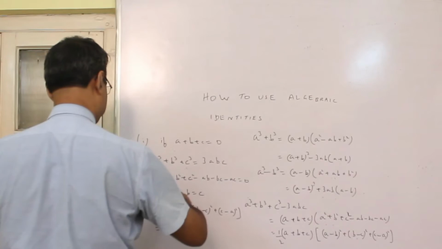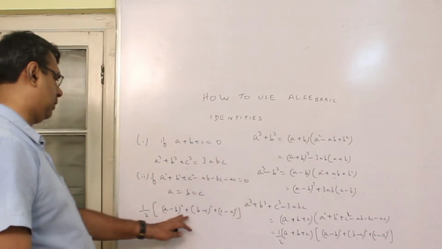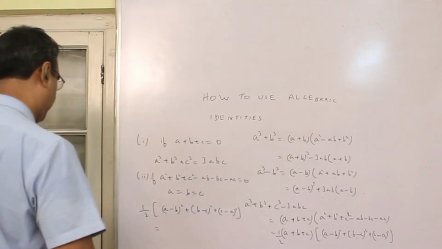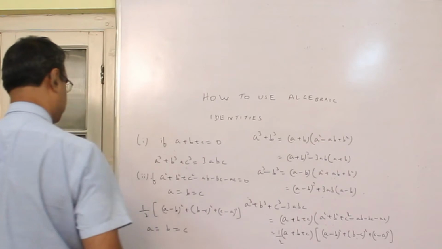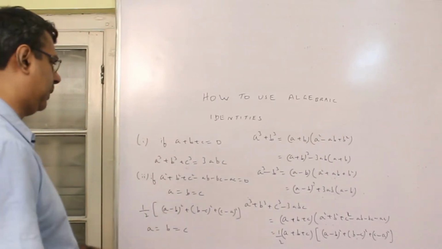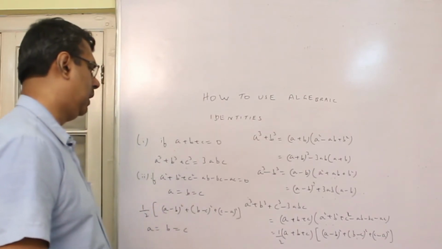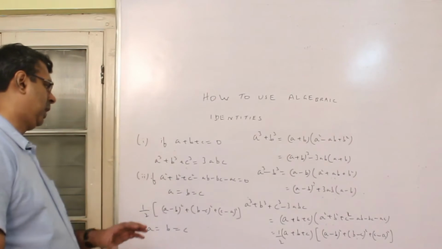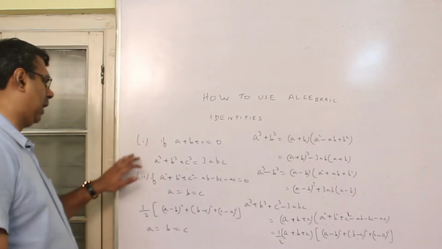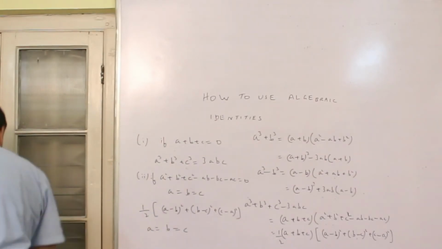And if this entire expression is 0, it means that the sum of these three squares is 0. So that is only possible if a is equal to b is equal to c. So this particular identity, a cube plus b cube plus c cube minus 3abc, has great usage in many areas of algebra. And these are the special two applications of this particular identity.